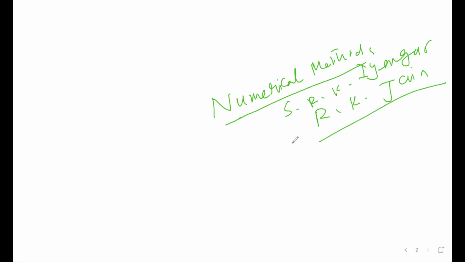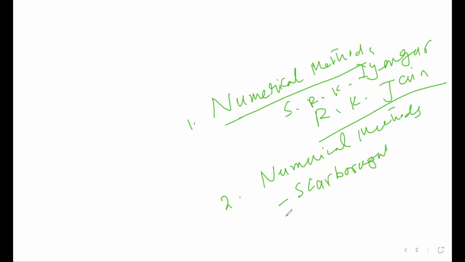Indians are very good in mathematics, but you have to choose the appropriate author. Second is Numerical Method by Scarborough, one of the classical books. That book I followed in my undergraduate level. These books are available on the internet.